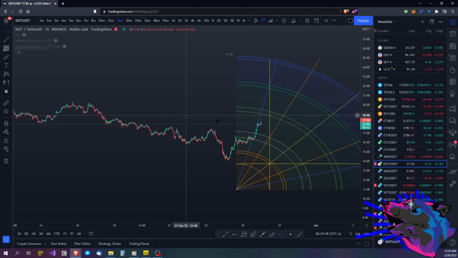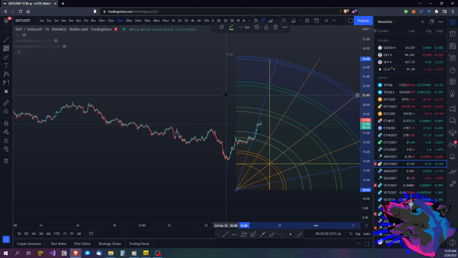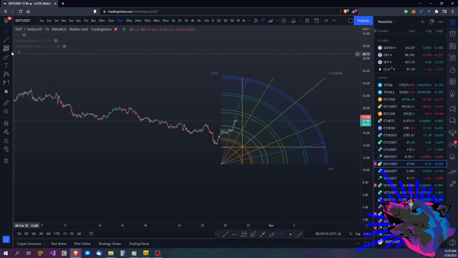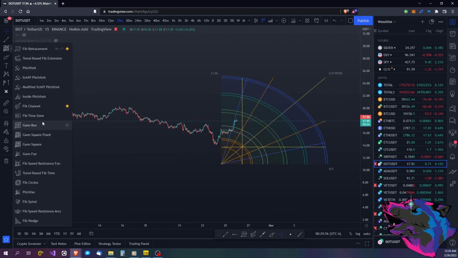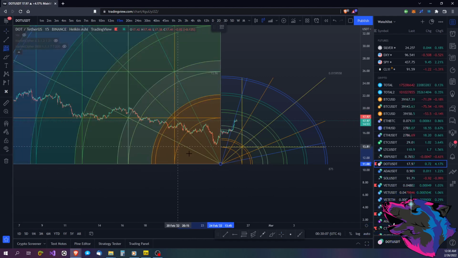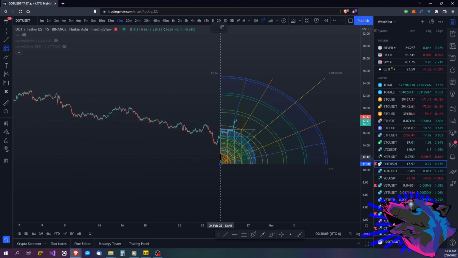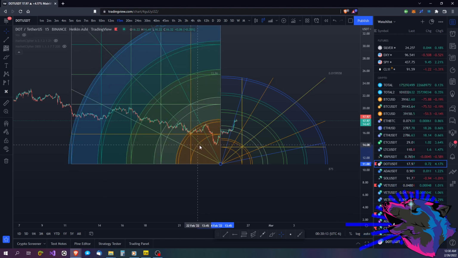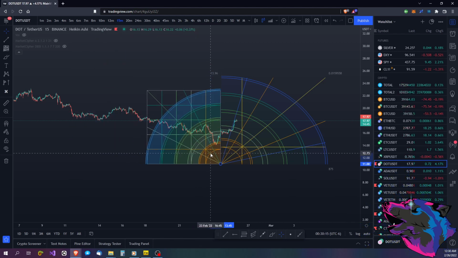And just to set a touch on the other ones here, I'll leave that up as a comparison. Hold on. So you still have these two other, you have the Gann box and the Gann Square fixed. This is fixed ratio. So as you can see, you're controlling from this point, which I actually like, which is nice.